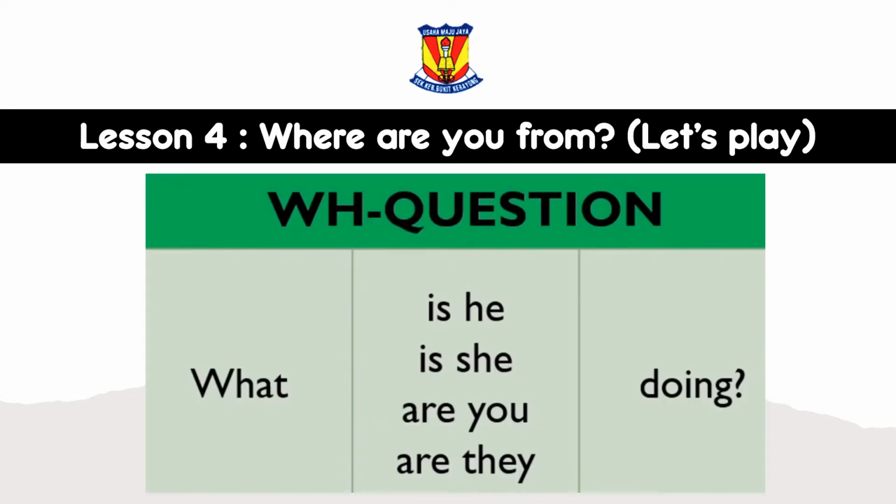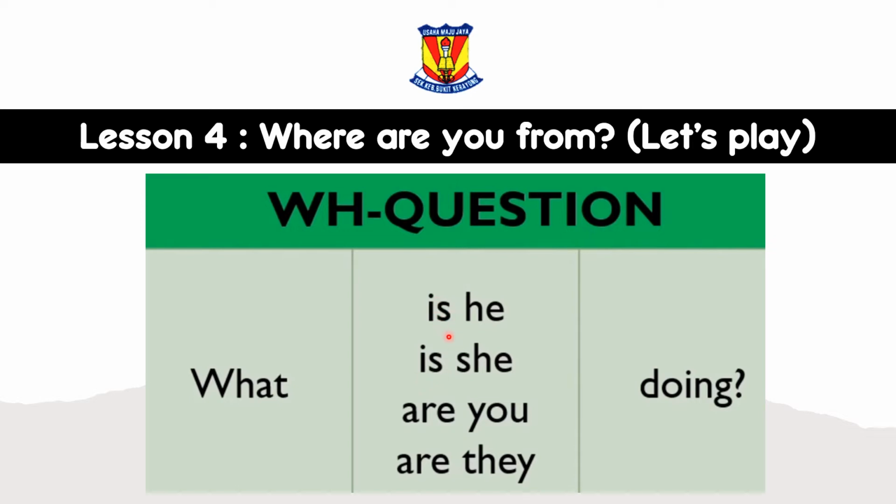If you look at the green column, when we ask questions about what people are doing, there is always a format for us to follow. What format is that? If we look clearly, if we use he and she, there must be an is after what.